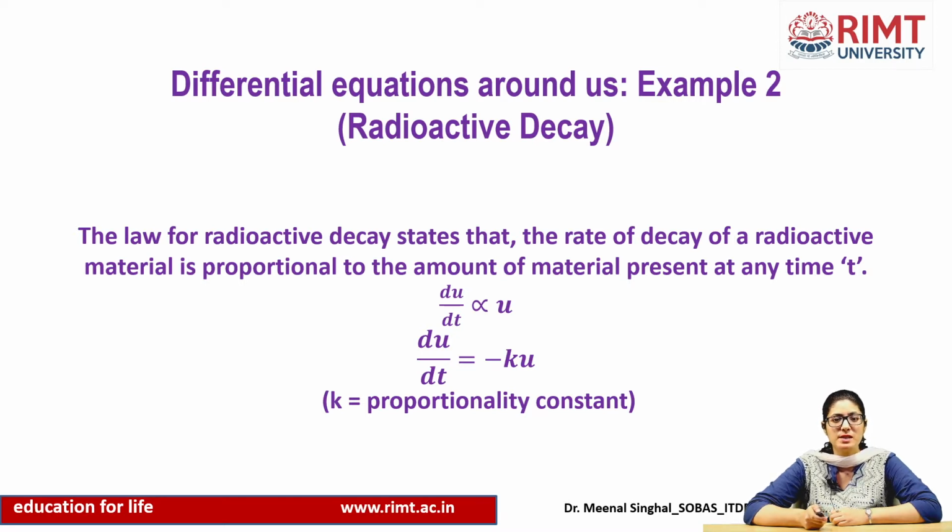If we represent the radioactive material by the symbol U, the rate of change is represented by dU/dt. So, dU/dt is proportional to U, and with time it is obvious that the radioactive material will decay. When we remove the proportionality sign, we have a minus constant. So, in this case the differential equation is dU/dt = -kU.